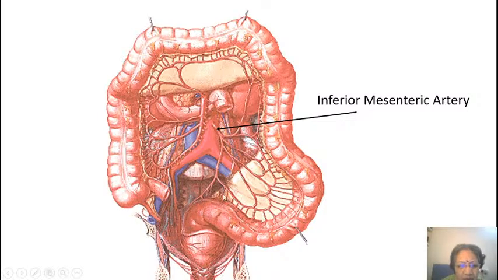The sigmoid branches will give short penetrating vessels into the gut wall and form arc-like anastomoses with each other, exactly like the earlier pattern which we talked about, called the marginal artery of Drummond. So if you put all these same caliber vessels together all across the whole length of the large intestine, that's called the marginal artery.